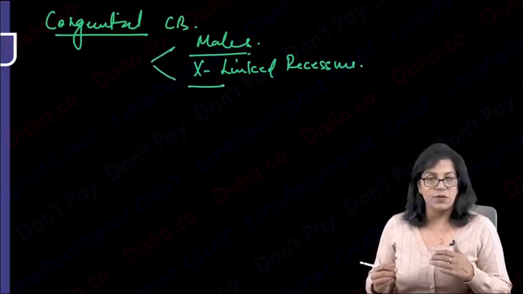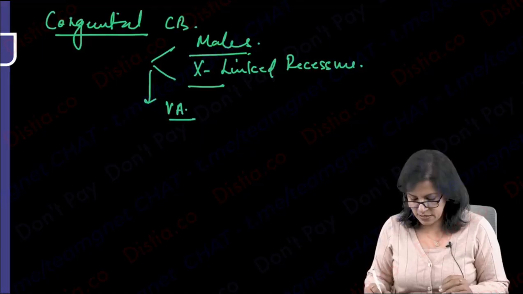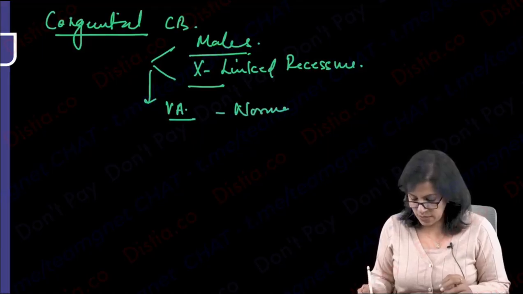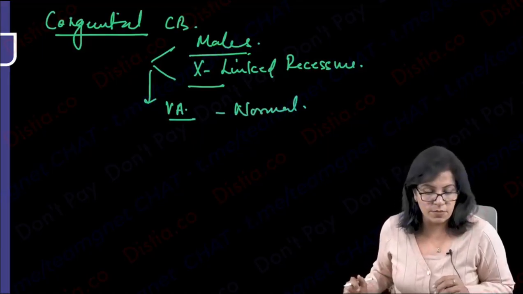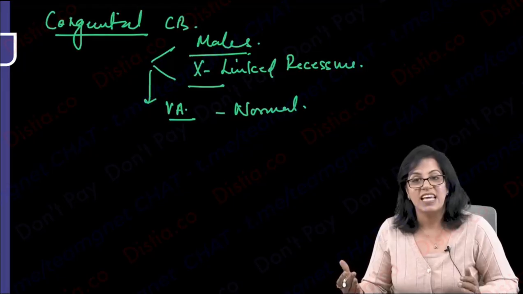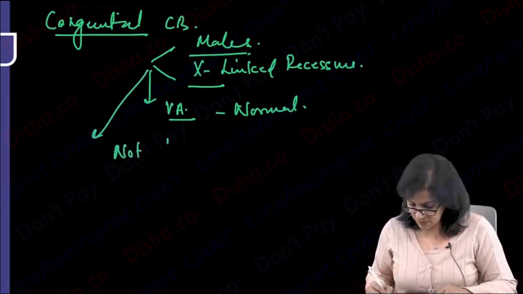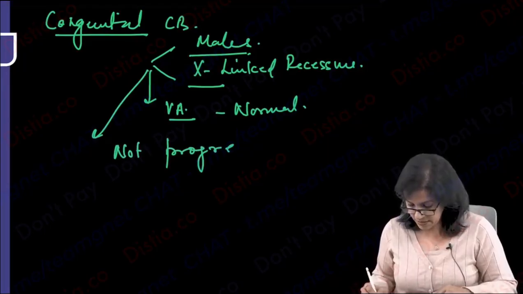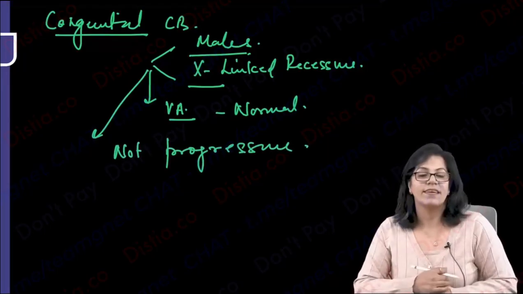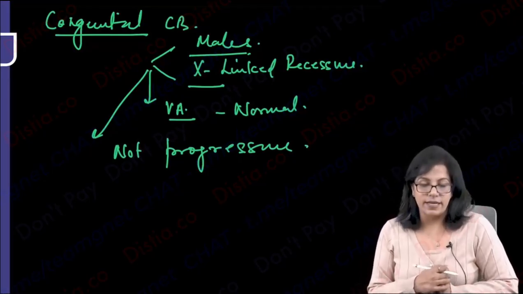Any other point that we want to say? Visual acuity may be normal because there is no disease as such. In visual acuity, it is only the color perception, or the color sense, which can be affected in various ways you have just discussed. Hence the whole thing is stationary, it is not progressive. So these are some points on congenital color blindness.